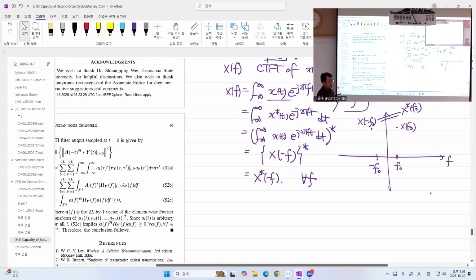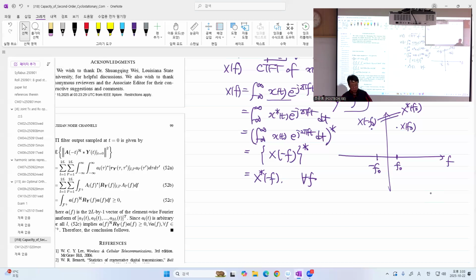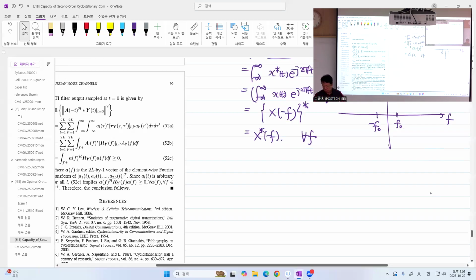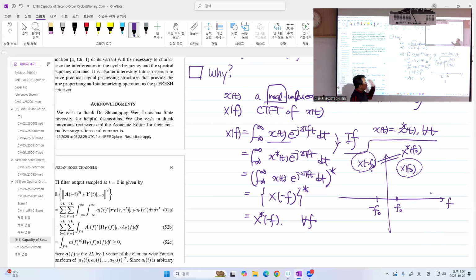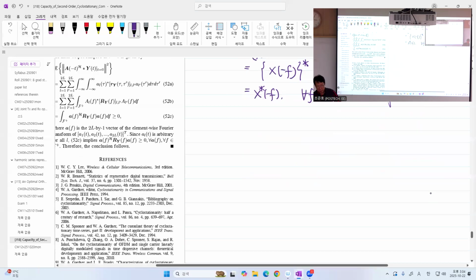As you will see in other papers to come in this course, you will see something similar to this one. And what does this mean? See that here, this value and that value are conjugate pairs. So one contains all the information of the other. Something very similar happens for the improper complex random process.